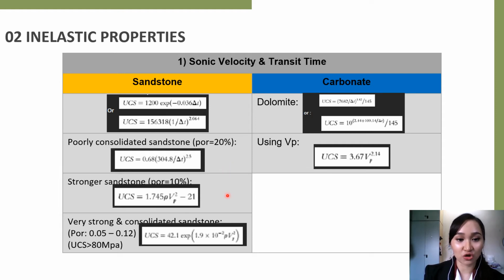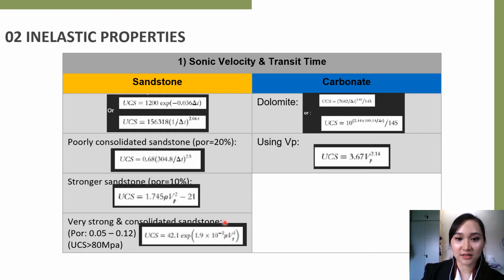Whereas if you have a stronger sandstone, porosity of about 10%, this formula is applied. Lastly, when you have a stronger and more consolidated sandstone, porosity ranging about 0.05 to 0.12, and UCS value of more than 80 megapascal, this formula is then applied.